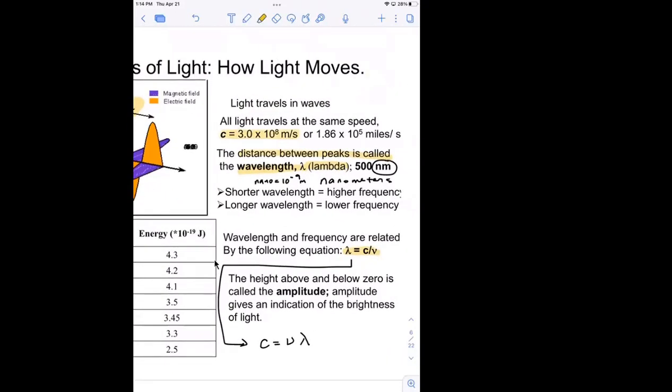That's a known number: 3 times 10 to the 8 meters per second, or 1.86 times 10 to the 5th miles per second. Now imagine that. Just put that in perspective in the sense of how many miles that is. That's 186,000 miles per second. Per second, not per hour, per second.